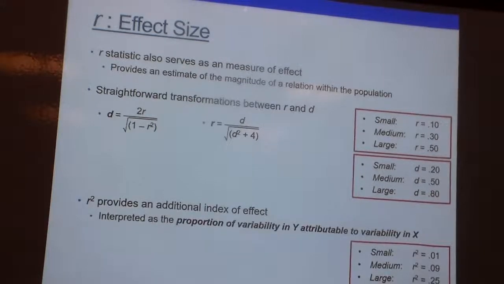Okay. Also talked about our R squared statistic. So our Pearson correlation is just a metric of the strength of an association between X and Y, right? And again, this is a test statistic that's representative of a population correlation, that's a hypothetical value, right?